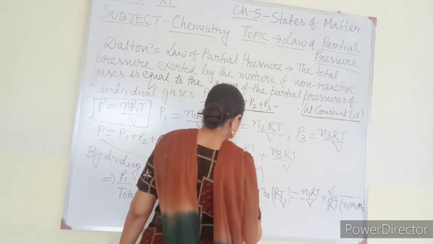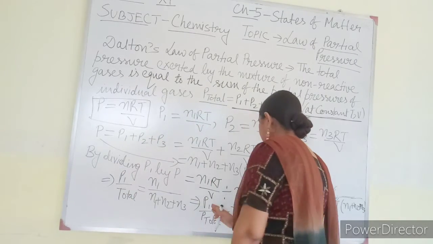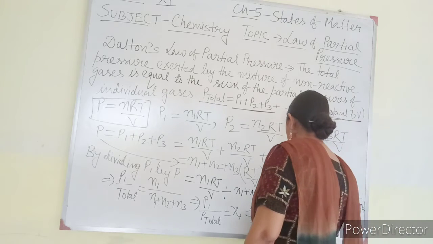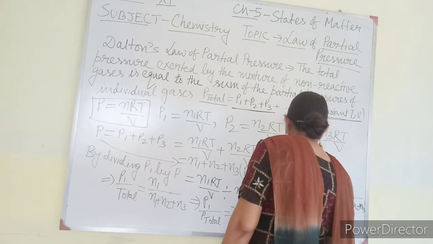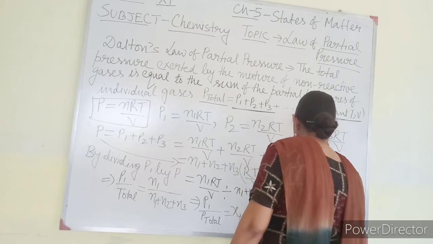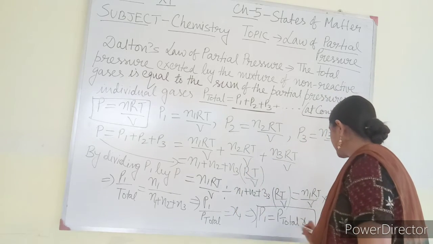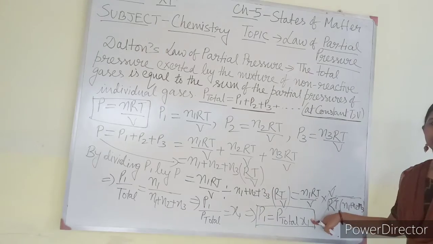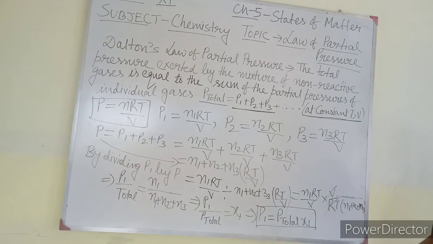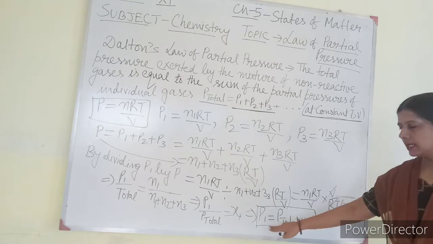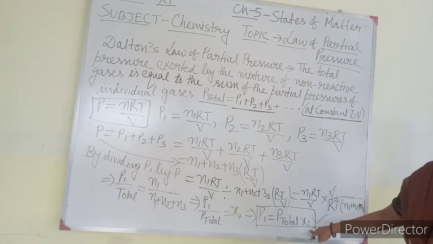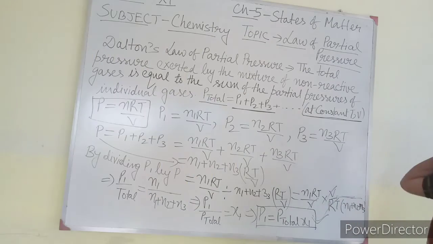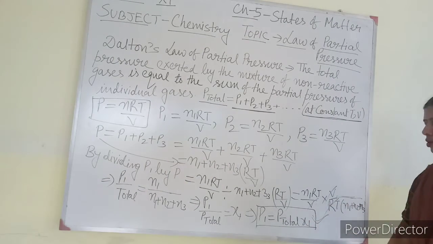So I can write P1 equal to P total into X1. This is the equation. That means partial pressure is related with mole fraction by using this formula. This is the formula that I have derived and that you have to know. Similarly, I can write P2 equal to P total into X2, P3 equal to P total into X3.